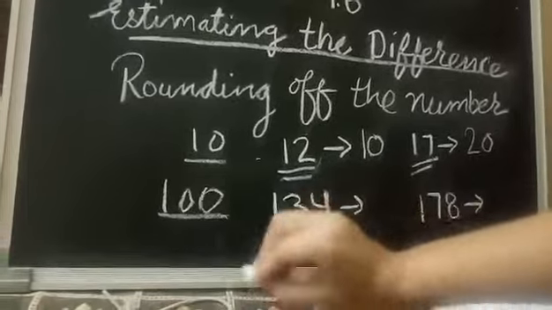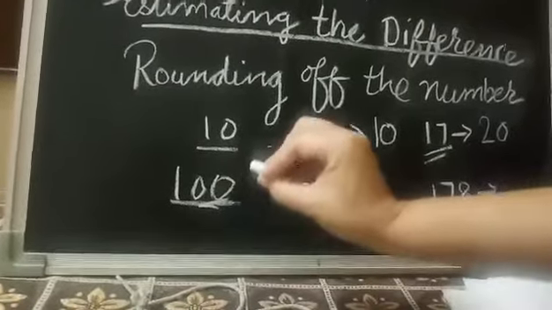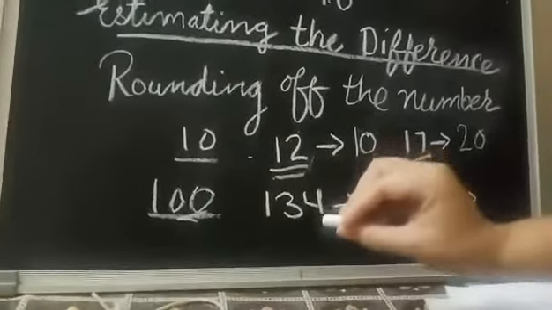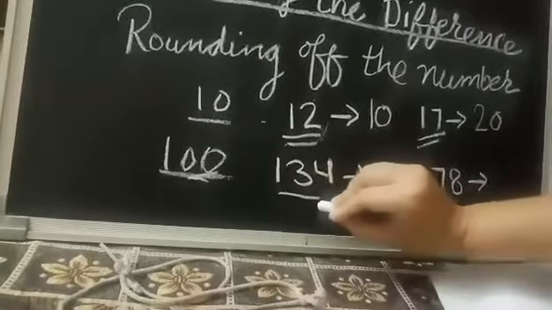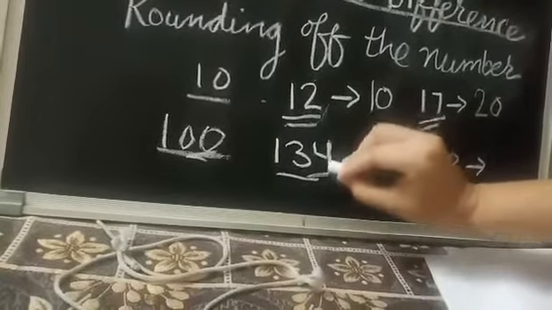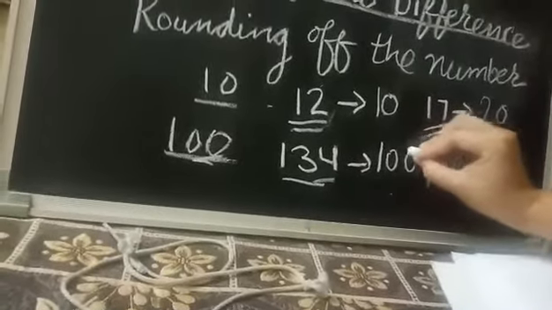In case of hundreds, if the two digits are less than 50, it will decrease. If the two digits are more than 50, it will increase. For example, it is 134. 34 is less than 50, so it becomes 100.